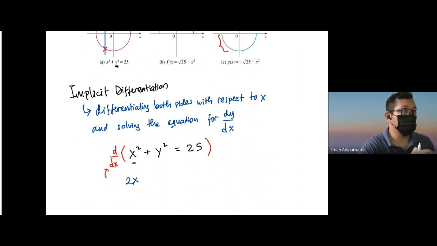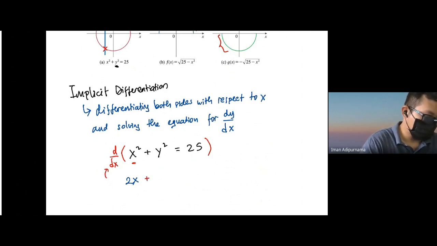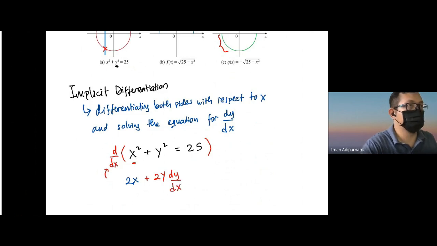Here's why it's called implicit. We are going to differentiate y similar to x. Let me use a different color. We write 2y, but because it's y and it is d/dx, we need to write another dy/dx.